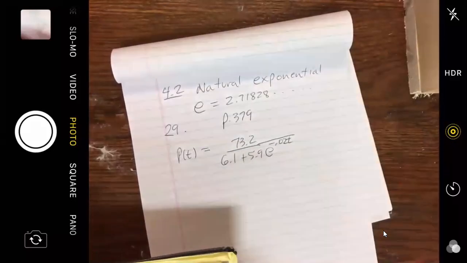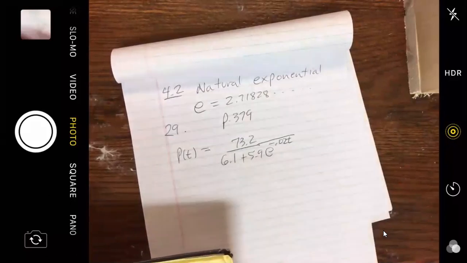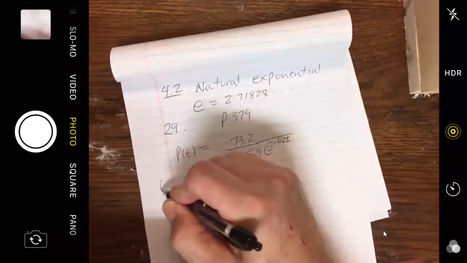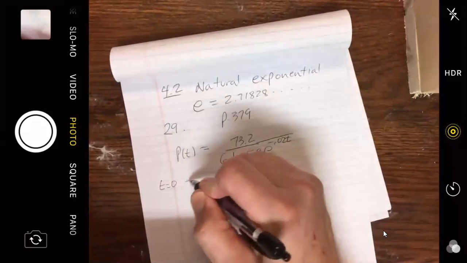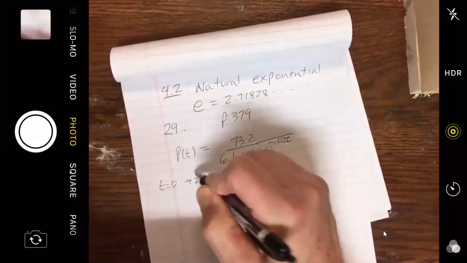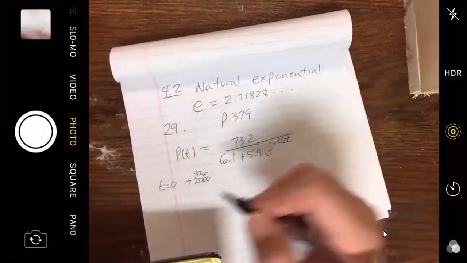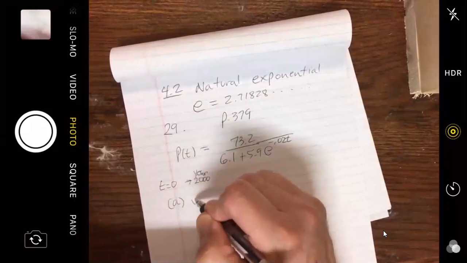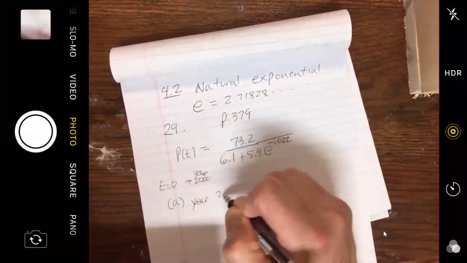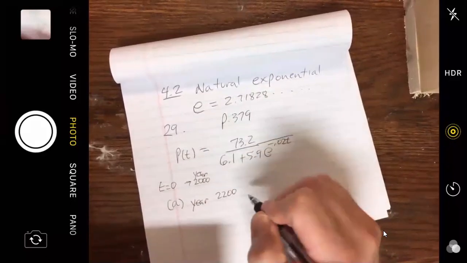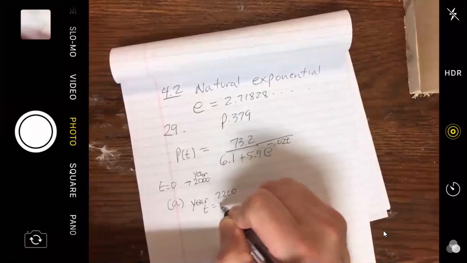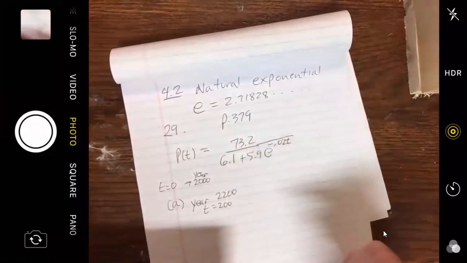And I won't maybe use all the parts, but t equals 0 corresponds to the year 2000. So for part A, year 2200, t would be 200. In effect, 200 years from now.